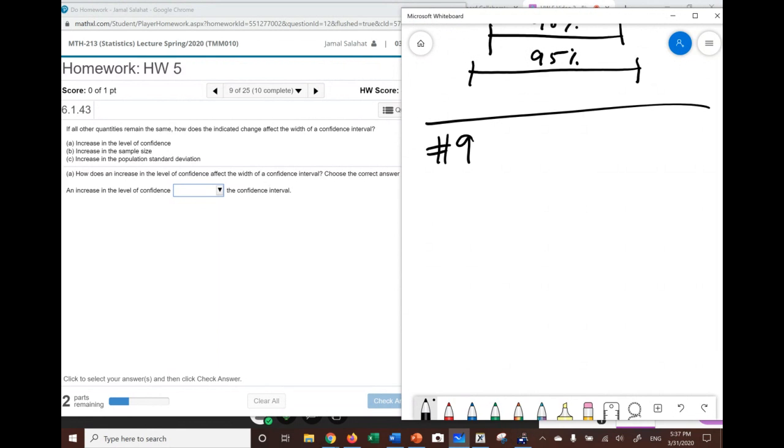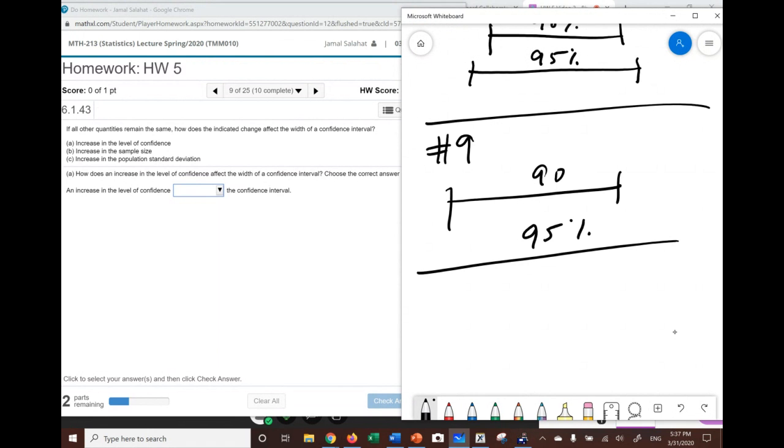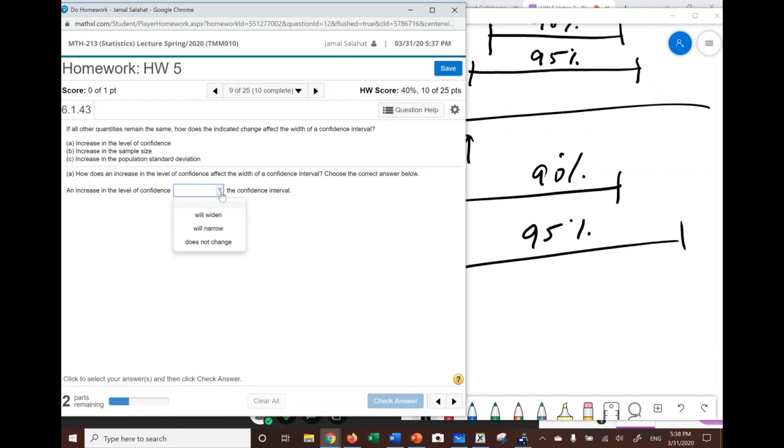Notice that we mentioned that earlier, minutes ago. If we have a 90%, then we make it 95%. Notice that the 95% is wider than 90%. So an increase in the level of confidence, what will happen to the confidence interval is it's going to widen. Okay?